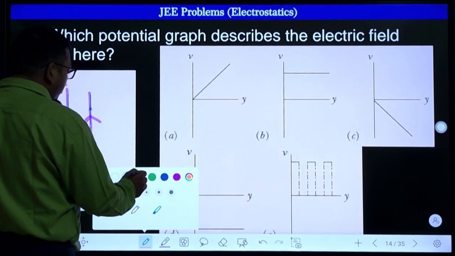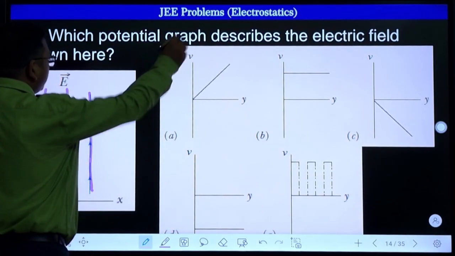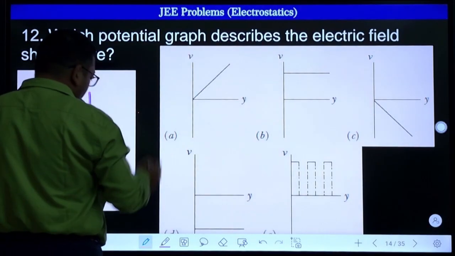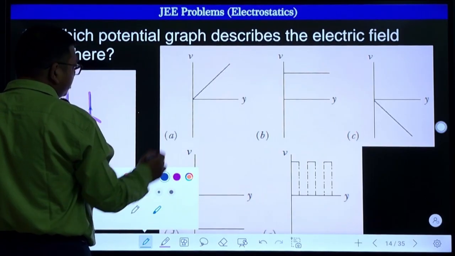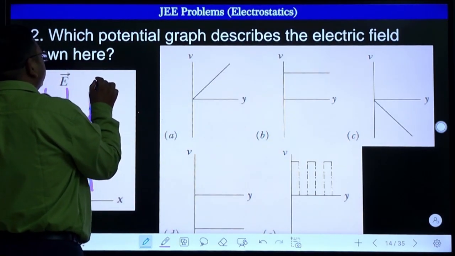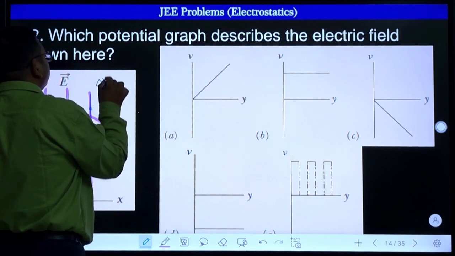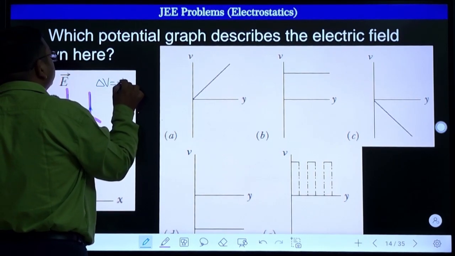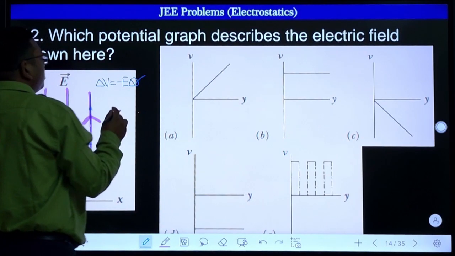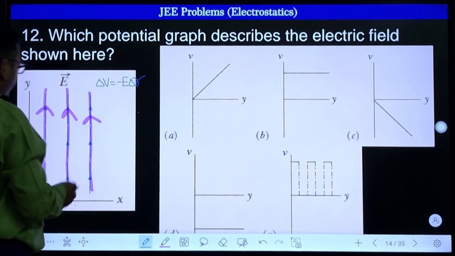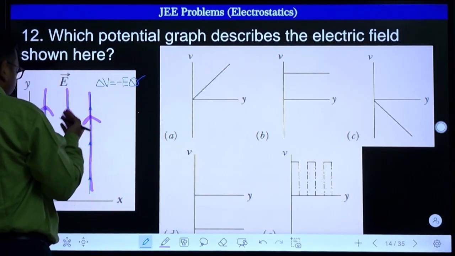So you have to study only this y component of field, which is E. What equation are you going to write? You will write that delta V is equal to minus E into delta r. But you are going along the y-axis, so the change of potential will be along the y-axis.